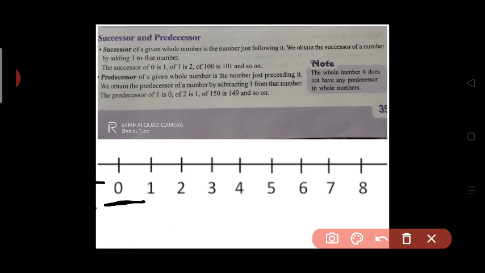But if we want to find the successor and predecessor of 1, we can easily do it. Successor of 1 is 2 and predecessor is 0. In the same way, you can find the successor and predecessor of every number. Like 3, successor of 3 is 4 and predecessor is 2. Successor of 5 is 6 and predecessor is 4. Okay.